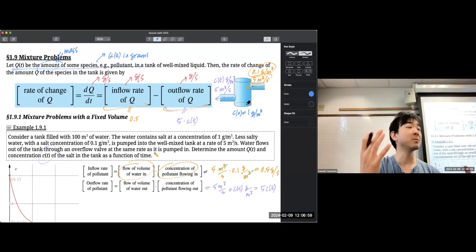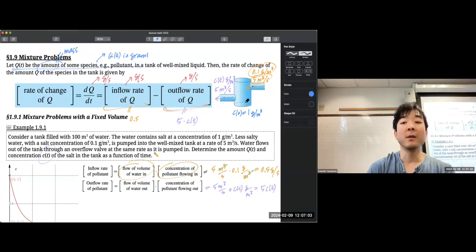And so we don't know. It's for sure going to be some number between 0.1 and 1 grams. It's never going to be more concentrated than 1 gram per meter cubed because you're pumping in diluted water, but it's not quite going to be 0.1 grams, because it's being mixed with the more concentrated water that's originally in the tank.